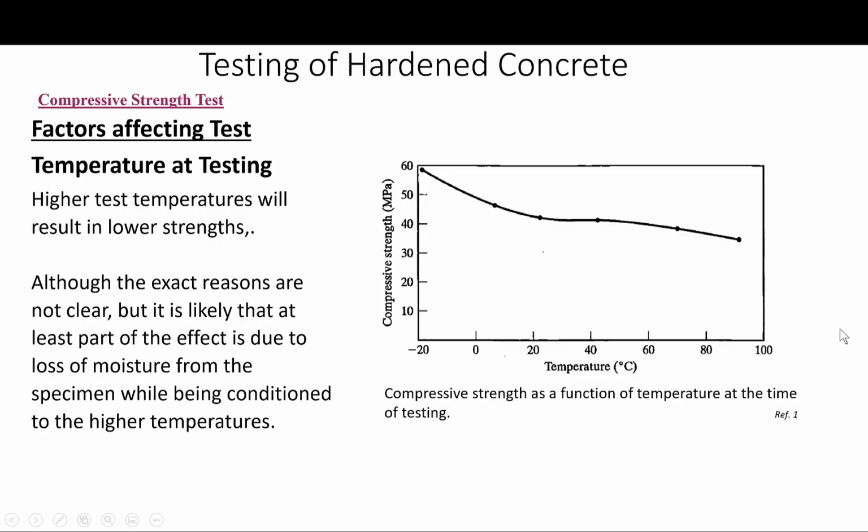Higher test temperatures will result in lower strength, even for concretes that were identically cured in standard conditions. Again, for reasons that are not really very clear, it is likely that at least part of the effect is due to the loss of moisture from the specimen while being conditioned to the higher temperature. That could be a reason, but it's not very clear why.